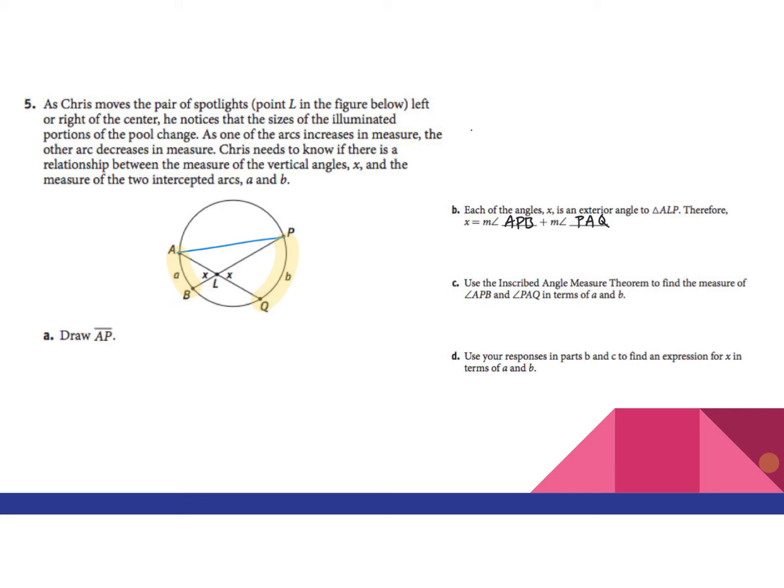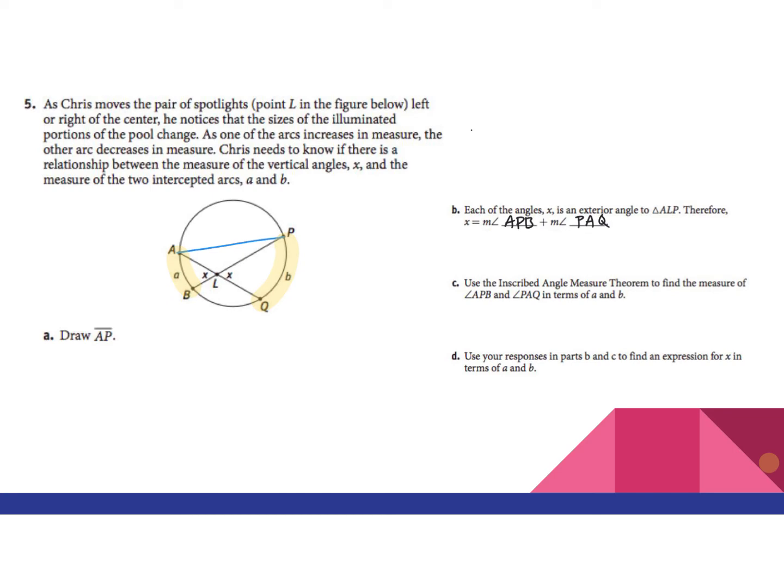Looking at part C, it says now use the inscribed angle measure theorem to find the measure of angle APB and angle PAQ in terms of A and B. So think back to what we focused on yesterday. Think back to that relationship of how, if we don't have our vertex at the center of our circle, think about the relationship of that angle measure along with the arc.